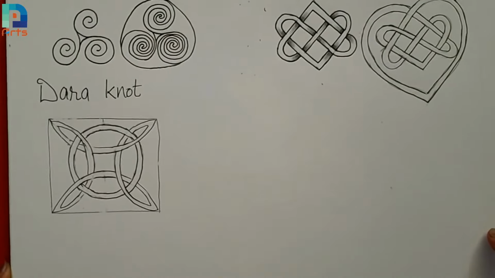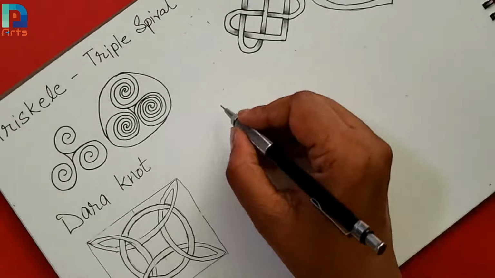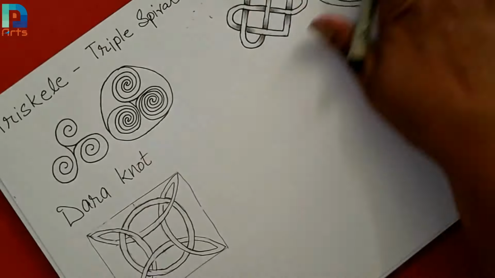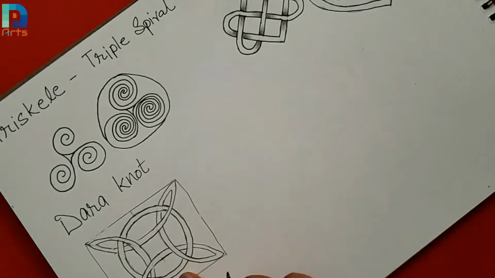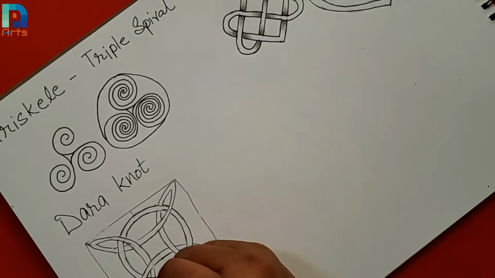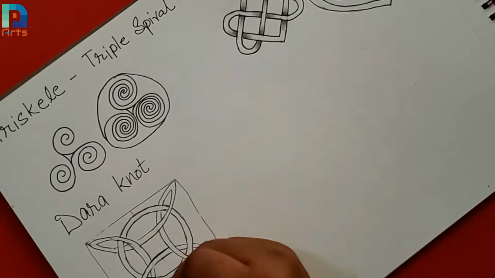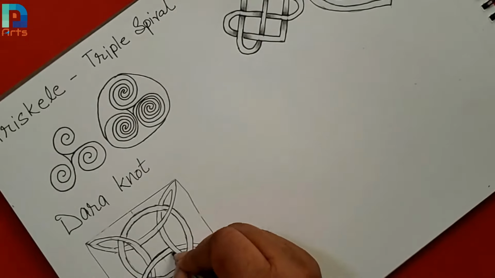Nice. Now the next one is the shield knot. Grab the pen. I didn't use the pen in this one. Let me just trace it quickly.